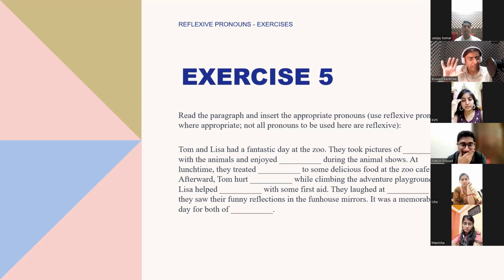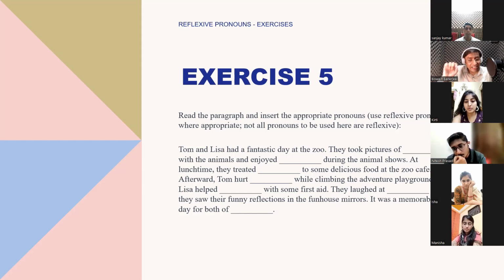So what is the paragraph? There are many reflexive pronouns that are going to come. Tom and Lisa had a fantastic day at the zoo. They took pictures of Dash with the animals and enjoyed Dash during the animal shows. At lunchtime, they treated Dash to some delicious food at the zoo cafe. Afterward, Tom hurt Dash while climbing the adventure playground.